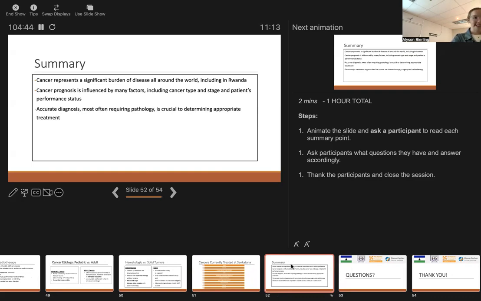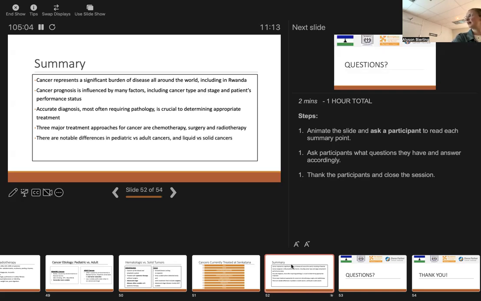Accurate diagnosis, which should typically include pathology, is critical to determining the appropriate treatment. And then there are three major treatment approaches for cancer, which we'll describe in more detail in the upcoming lectures. They include chemotherapy, surgery, and radiotherapy. And then there are notable differences between pediatric and adult cancers, and liquid versus solid cancers.